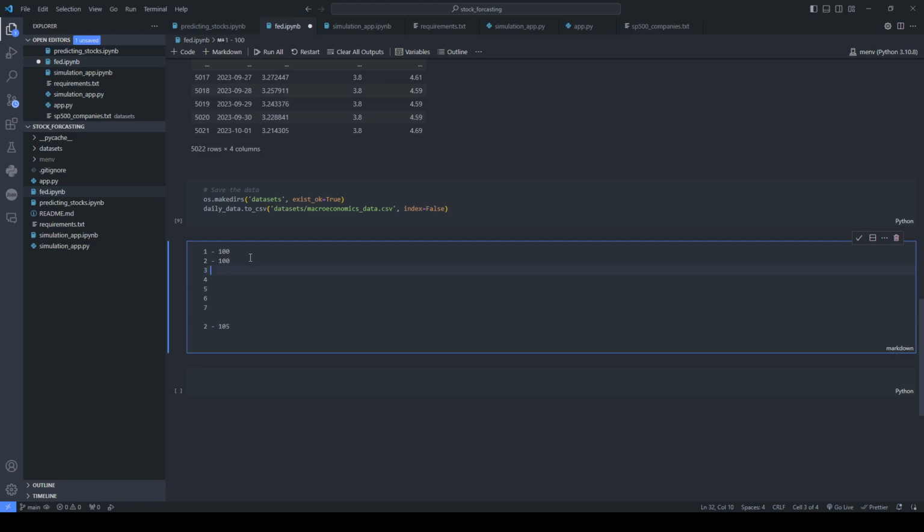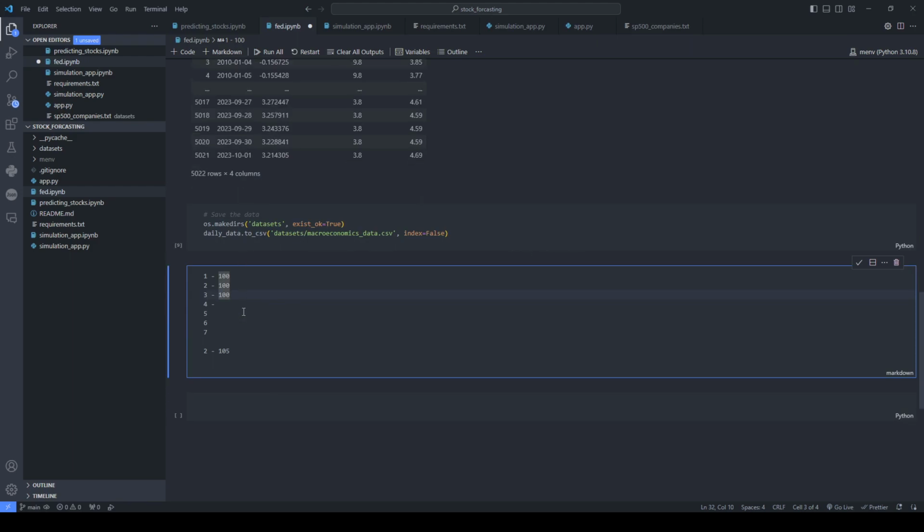Actually, let's say this is January, the first month, and the value for January was 100. It doesn't make sense to give all of them 100, 100, 100, 100. We go from here to here, so I need some data in between.